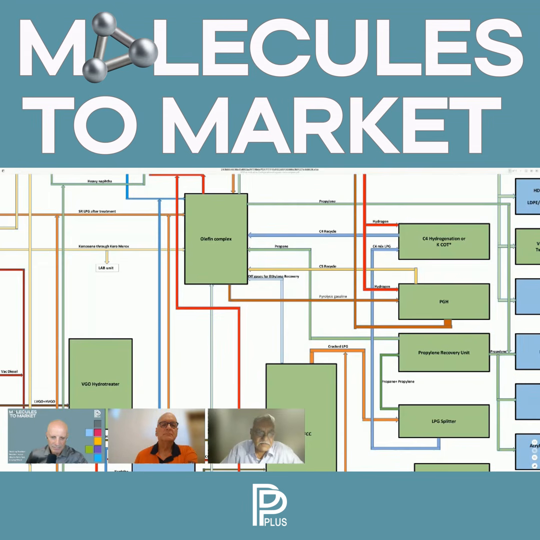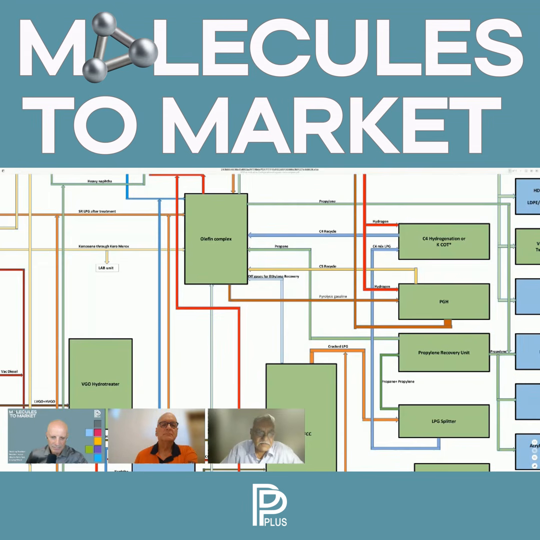Let's go down a little bit, further down. Yeah. So now you see in the middle, just slightly up, VGO hydrotreater. I want to be there. So VGO hydrotreater, again, a technology which is available both with UOP as well as with Axens. But in India, when we do VGO hydrotreater, Topsoe is another player.